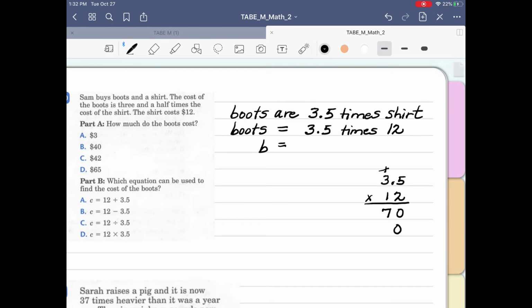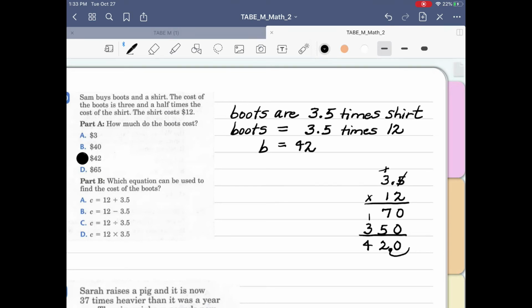Move over 1. 1 times 5 and 1 times 3. Add your partial products. Place 1 decimal. So that is $42. It's a good review of how to multiply your decimals. So the boots were $42.